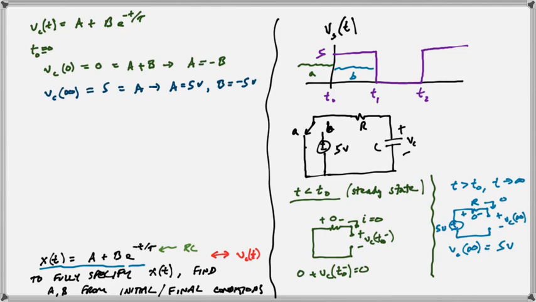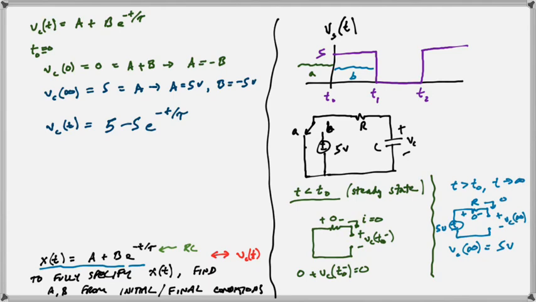And so now we know Vc of t starts at 0 and then rises to 5, so we'll write this like this. Since we know A, we'll put 5, and then B is negative 5, e to the negative t over tau, where tau, as we said, is RC. I said that earlier.